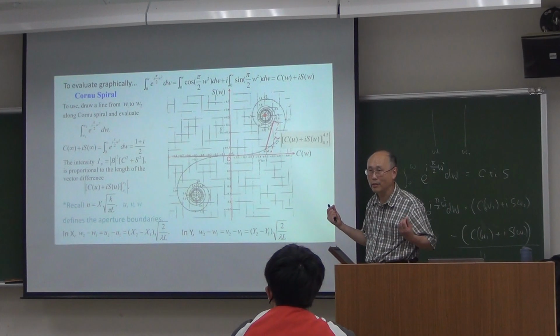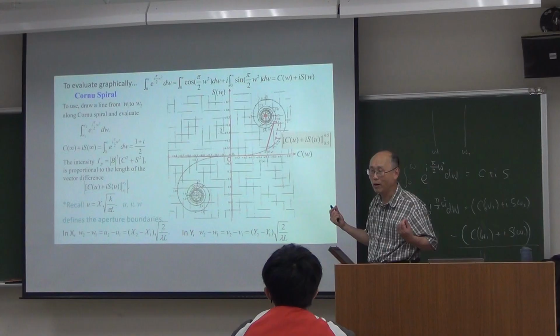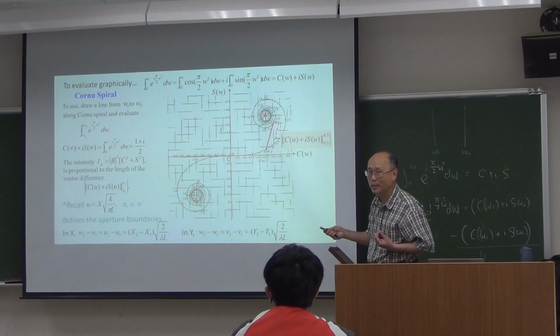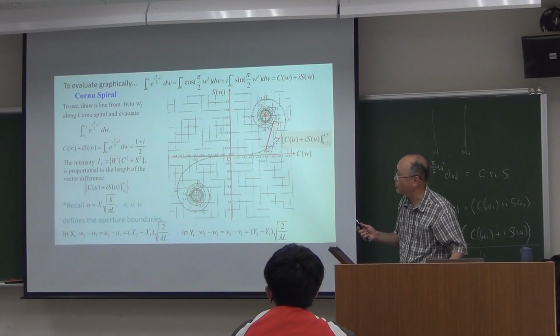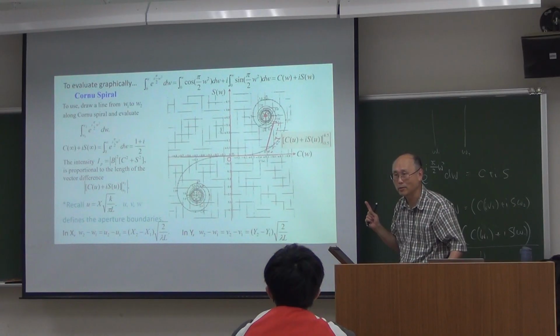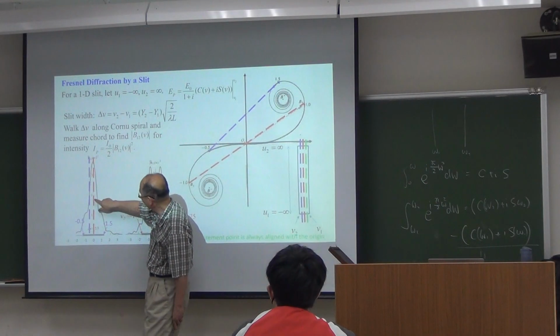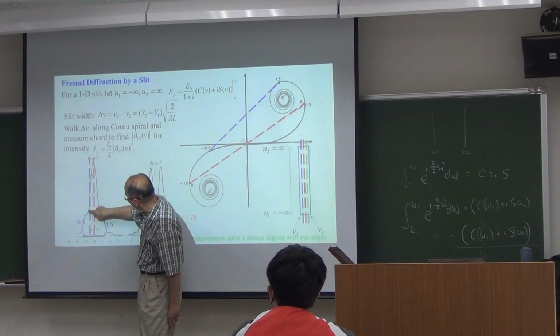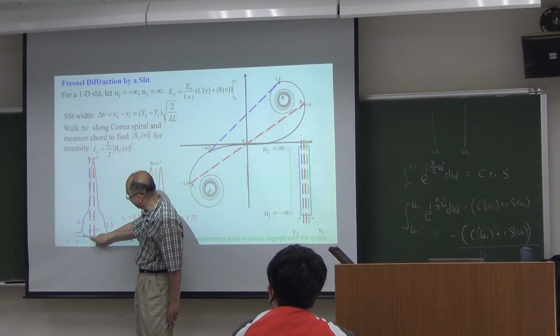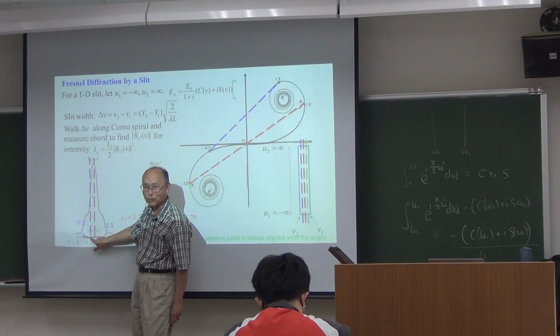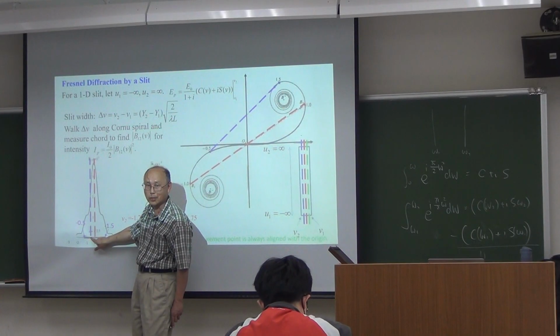But where is the origin? The origin of W is aligned with the location you want to see. If you want to see the intensity at this point, then the origin of the W is moved to this point. So this is how you do the calculation. So this is the key.